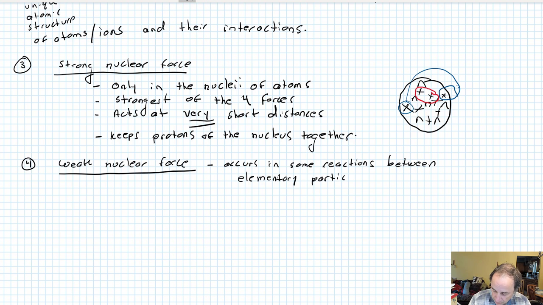It's a more specialized reaction, and we're not going to deal with it in any detail here. It controls nuclear decay, which I'm sure you're familiar with.